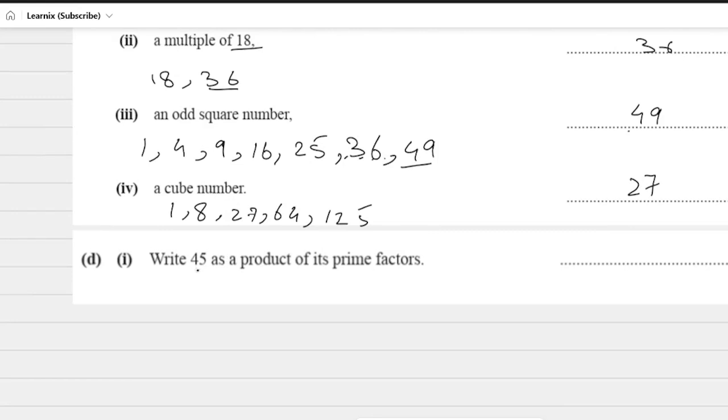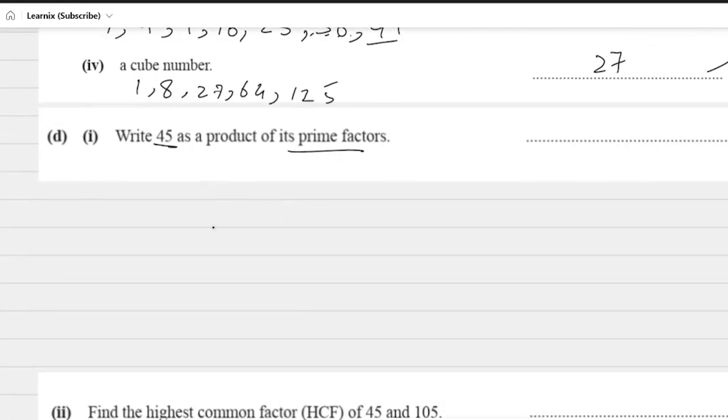Okay, now write down 45 as a product of its prime factors. Now remember the trick we just used? 45. Now the lowest number that divides into 45 is 5, right? What does that give us?